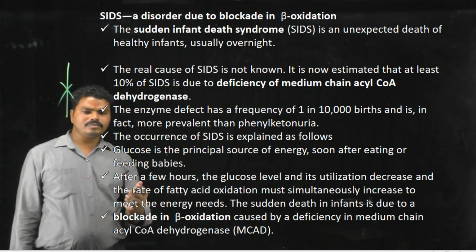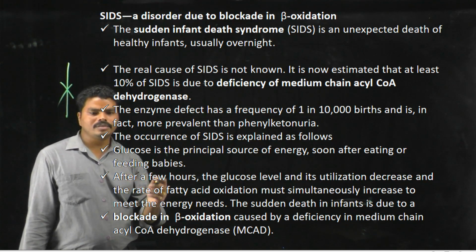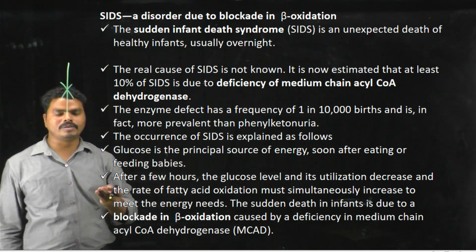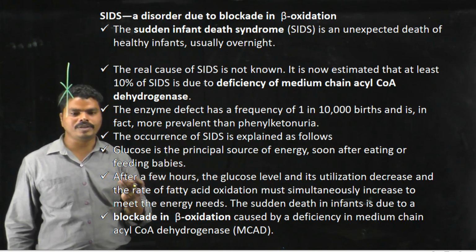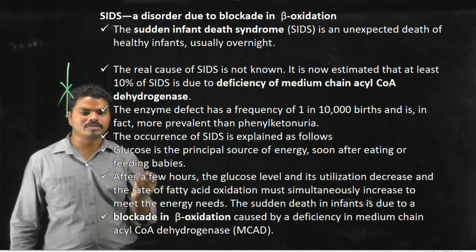Glucose is the most important source of energy soon after feeding the babies. When the babies feed on milk from the mother, glucose is the principal source of energy.